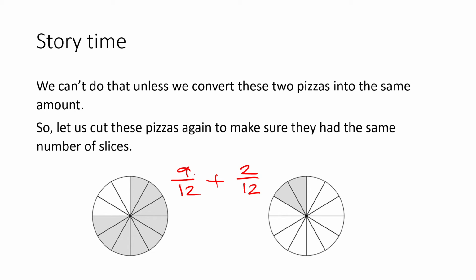So 9 plus, again, I want you guys to combine the numerator and leave the denominator the same. 9 plus 2 is 11, and then 12 stays the same. So now we can say that you're so hungry that you ate 11 slices out of the 12 slice pizza.